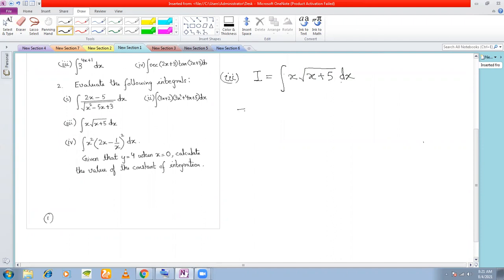Whenever you have to do this kind of integral, you see the expression under the radical is x plus 5, and the expression without the radical is simply x. So you try to write the expression without the radical in terms of the expression with the radical. So you have simply x here. What you do is you add 5 to x and you subtract 5.